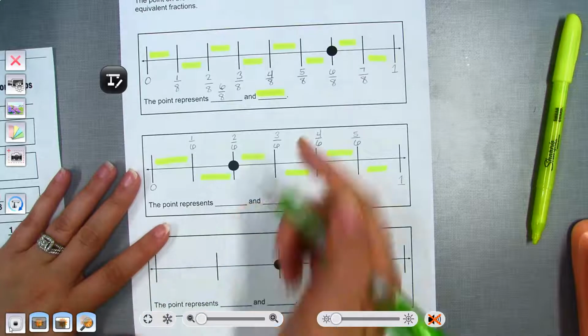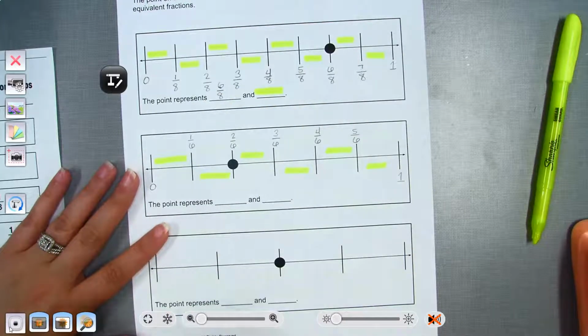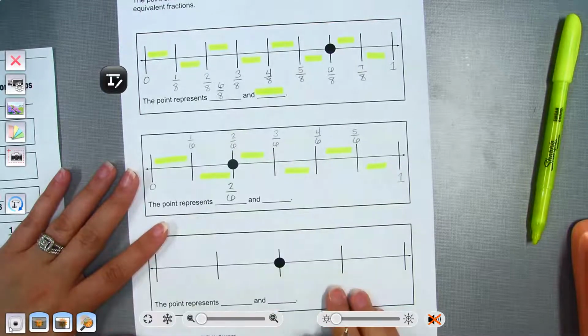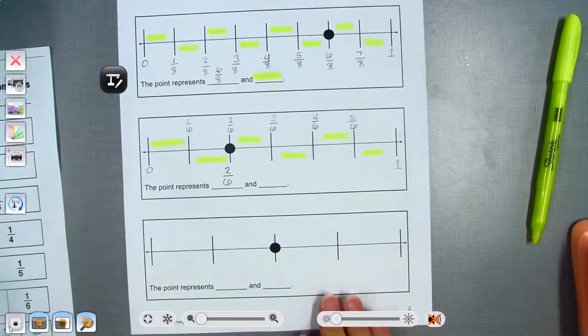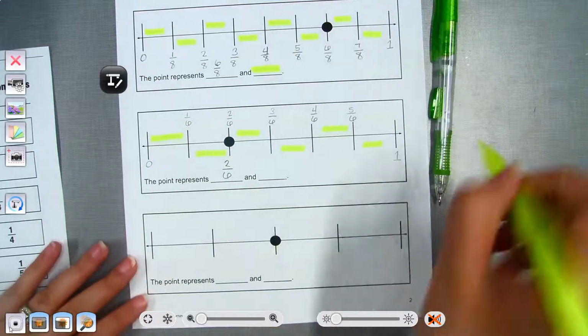Okay. So I need to know what is going to be equivalent to 2/6. So I'm going to find the point that represents 2/6, and I'm going to find another point.